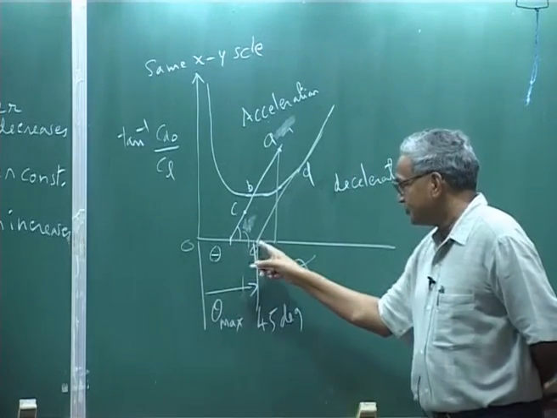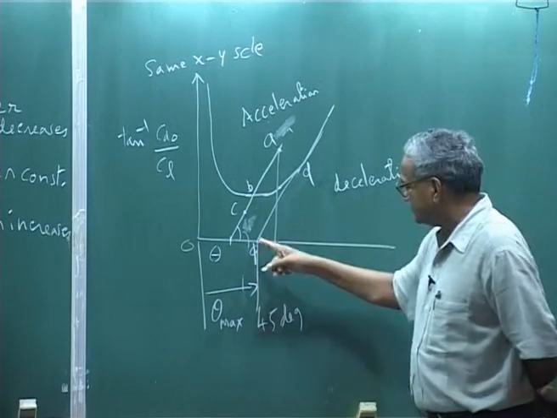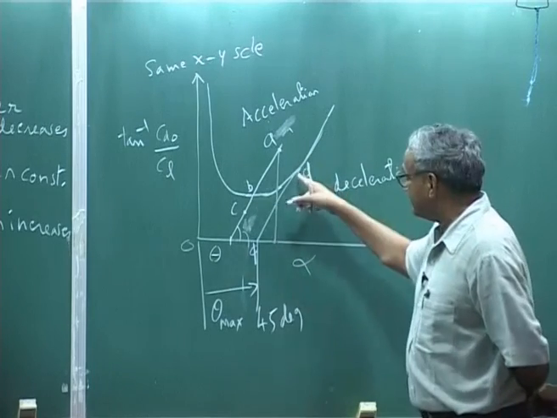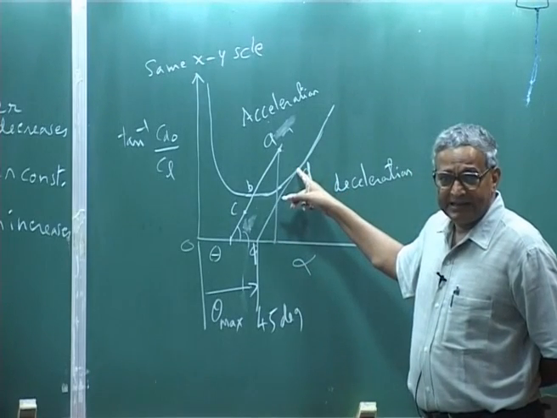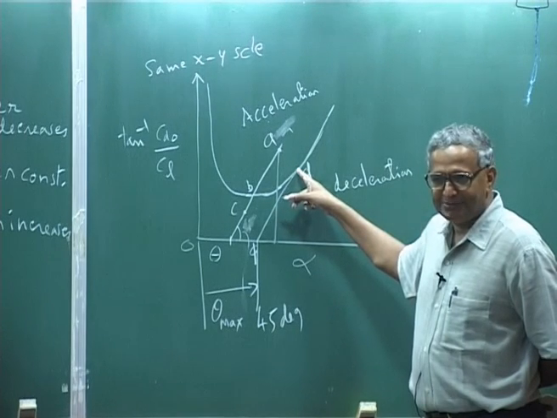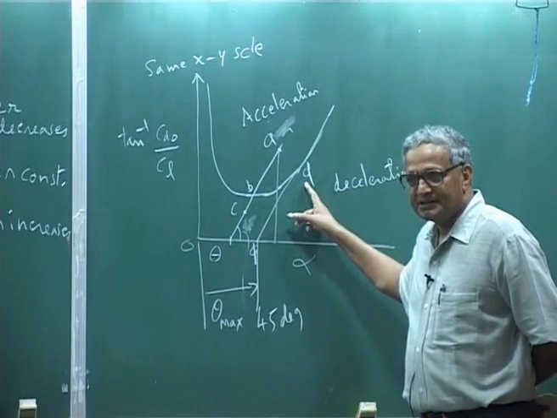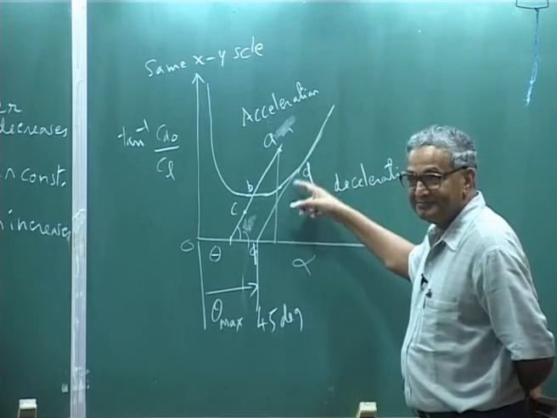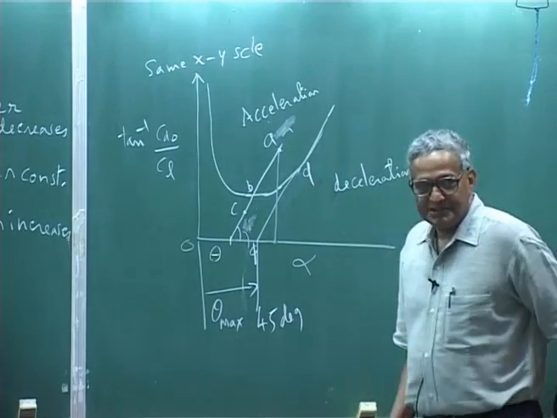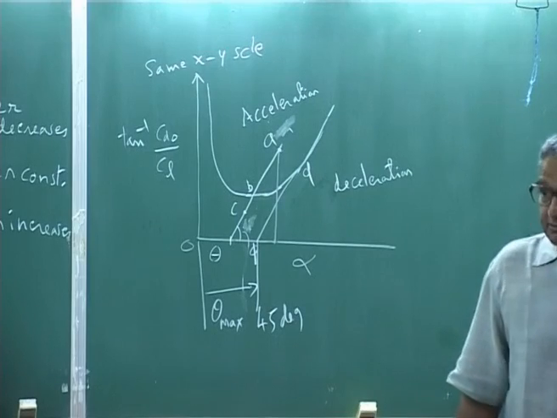That means I take an angle theta m, draw the 45 degree line, and it meets this curve exactly at a tangent. Any disturbance, if I go beyond, my rotor will start decelerating, it cannot take it. That means theta m is the maximum pitch angle you can have.